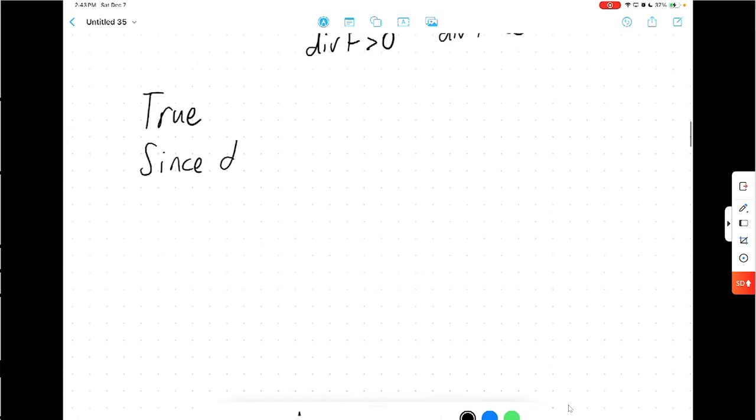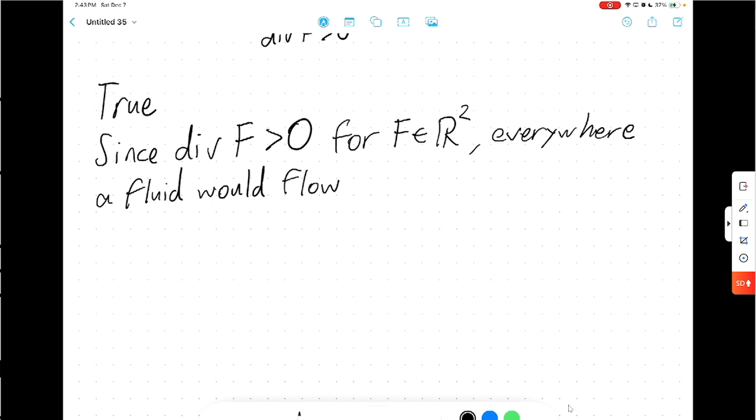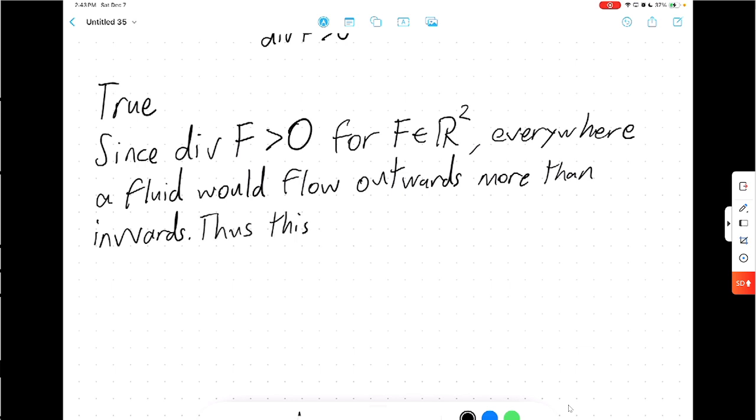So since div f is bigger than 0 for f in R2 everywhere, a fluid would flow away from a point, or outwards from a point, more than inwards. Thus, this is also true for the unit circle.